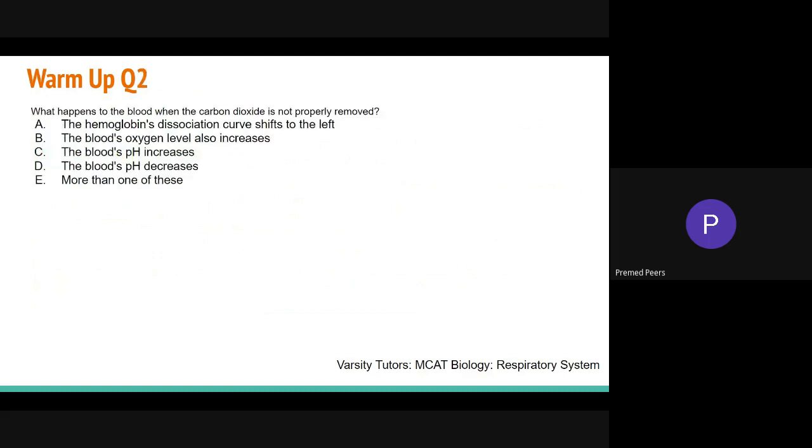What happens to the blood when the carbon dioxide is not properly removed?